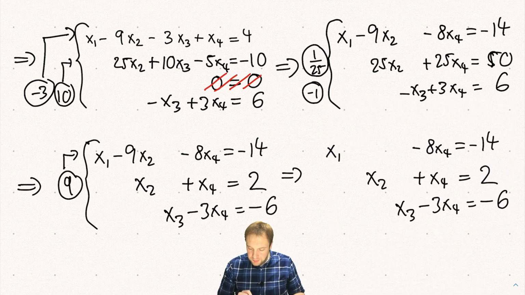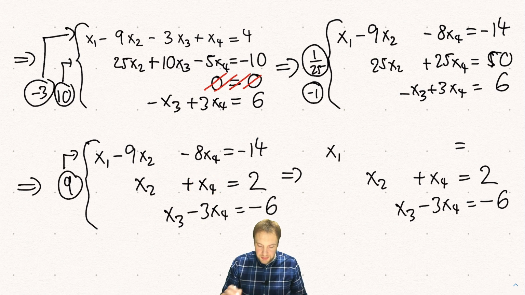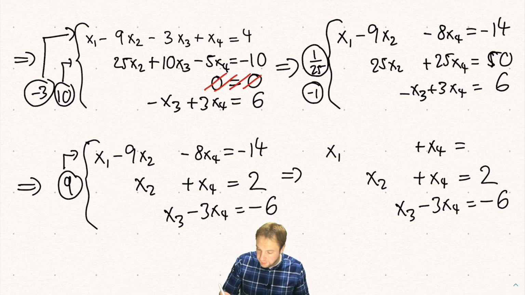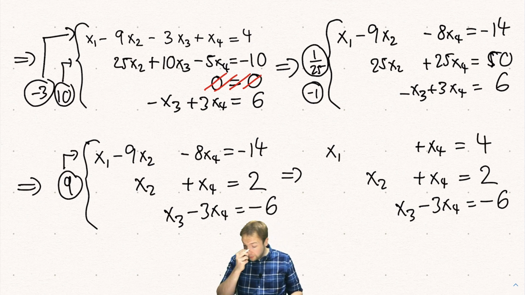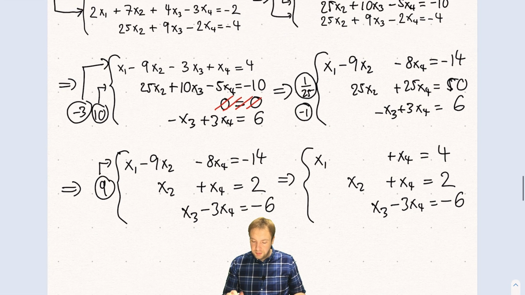And this gets rid of this x2 and also changes these numbers because 9 times 1 minus 8, this just gives x4. And 2 times 9 minus 14 is 4. So we end up with this equation here.